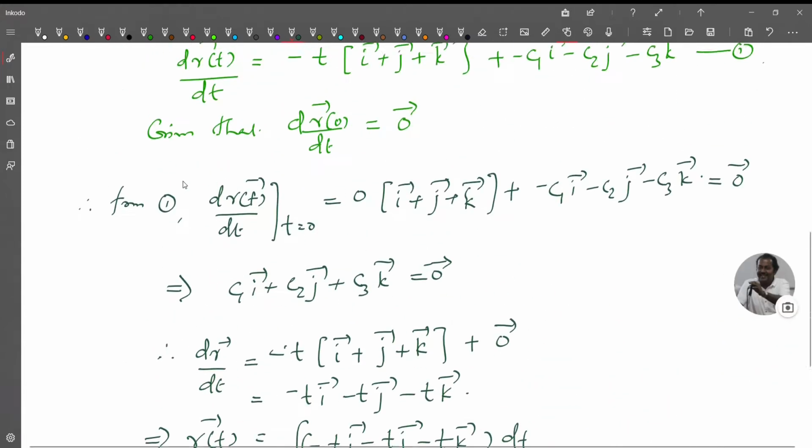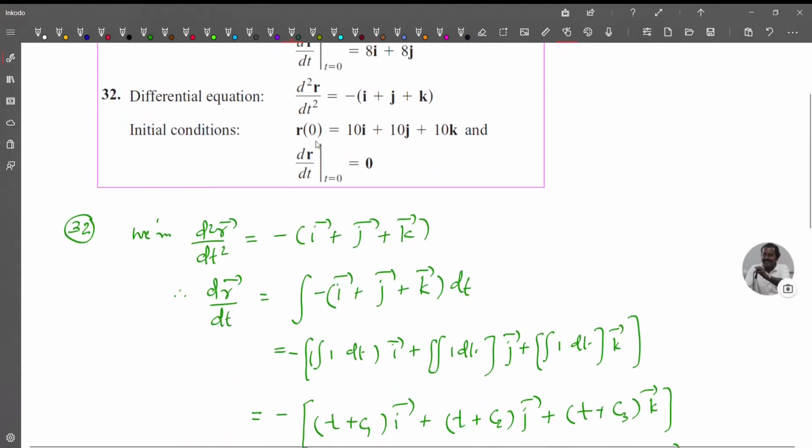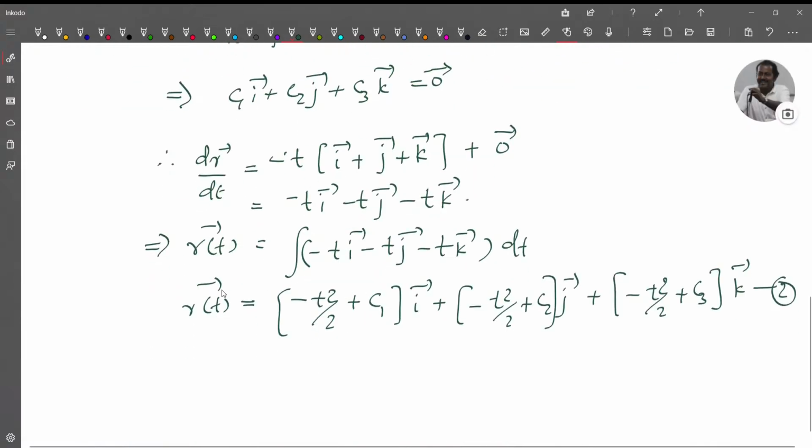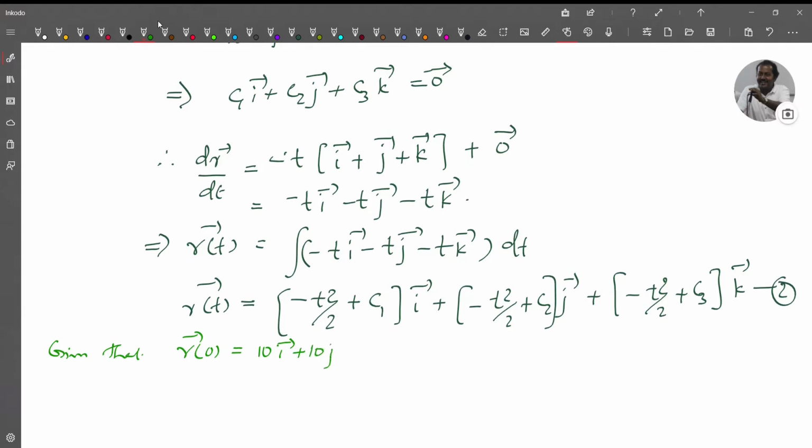Now, given that r of 0 is 10i plus 10j plus 10k, therefore from 2, r of 0 equal to c1 i plus c2 j plus c3 k.